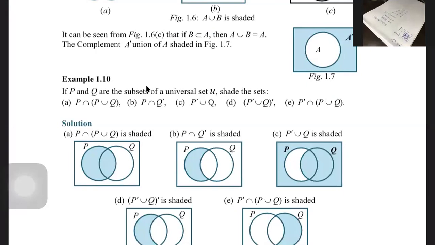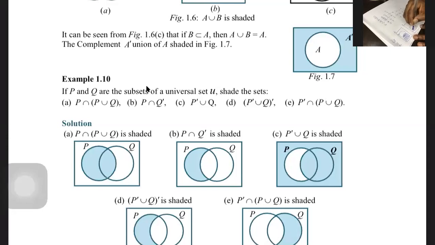Now the next thing I need to find is Q complement. So this is Q complement. Universal set is here.